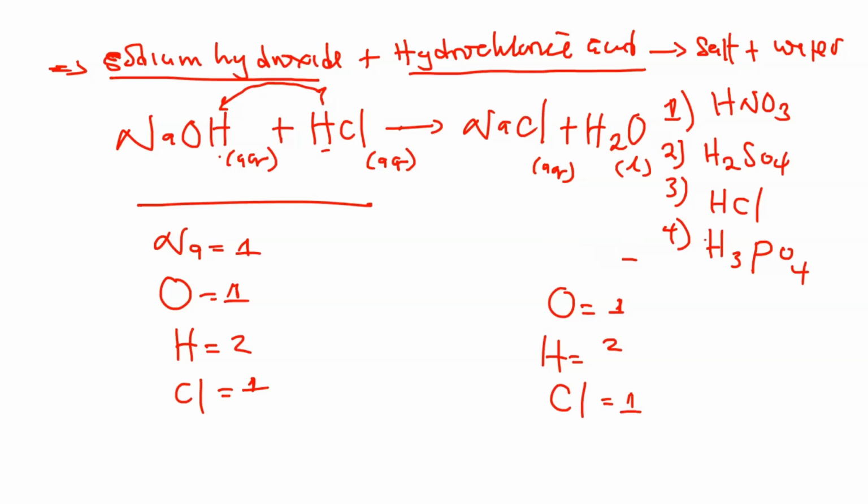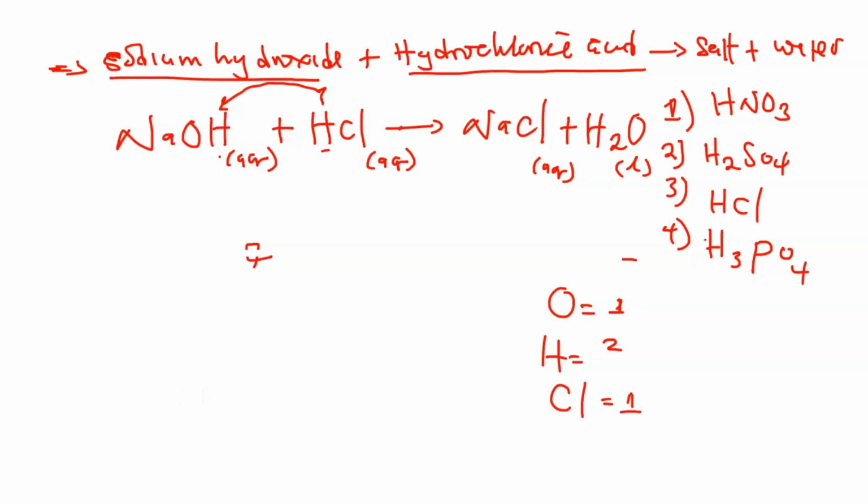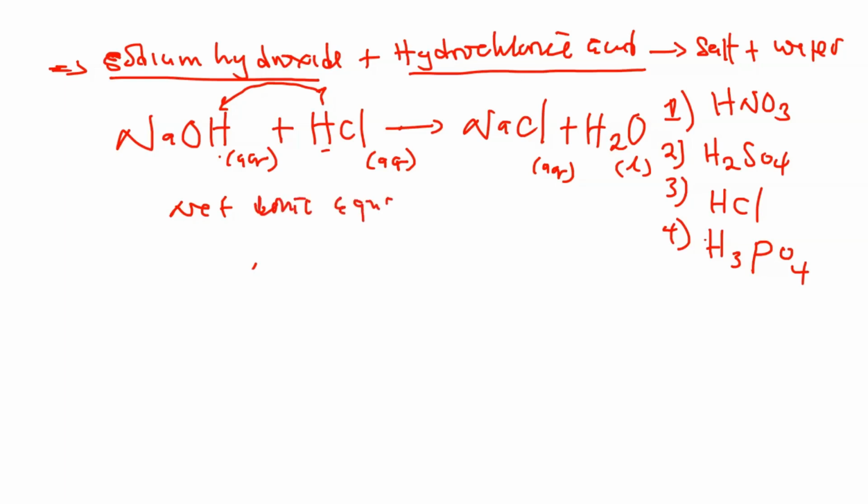Now, before we go to the other equation, let me bring in the concept of writing ionic equations. How do you write ionic or net ionic equation? For a net ionic equation, you are just going to show the ions.